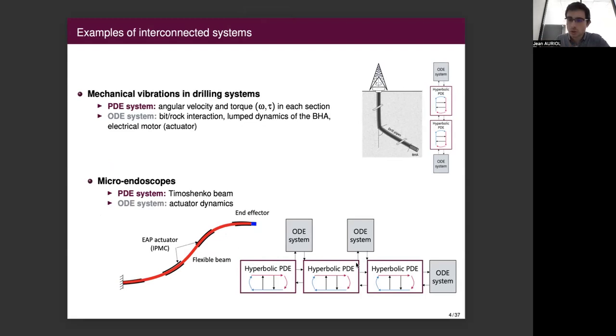These systems are much more complex because, for the drilling device, you have several subsystems but you only act on the one at the top, so they are under-actuated. However, the results we present can be extended to this kind of interconnected system.